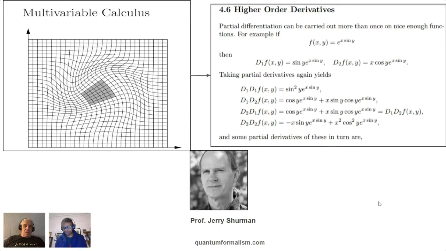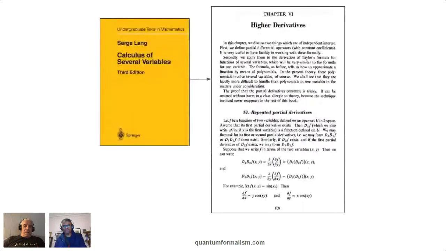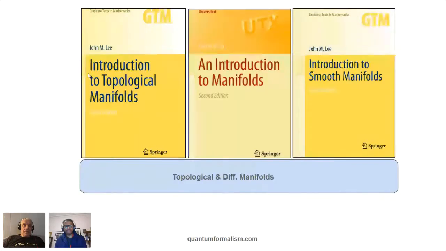Have I left the audience? Another one I recommend is this book by Serge Lang. And for the manifold stuff, these three, you have to jump from one node to the other depending on how difficult the stuff is. I assume at this point it might be very difficult, especially these two, because of the notation and some of the concepts that they will define right away. We haven't gotten there yet, like the notion of atlas.